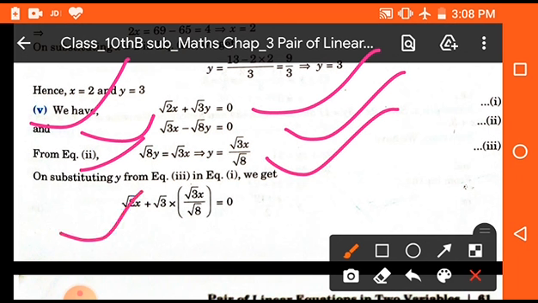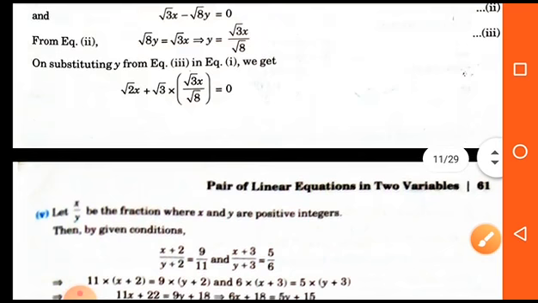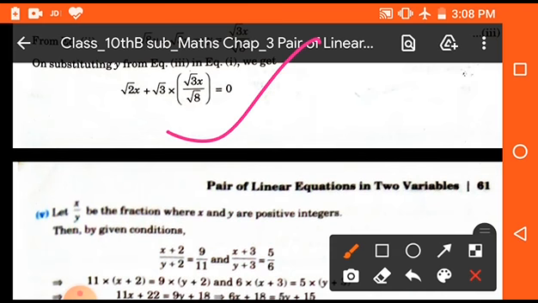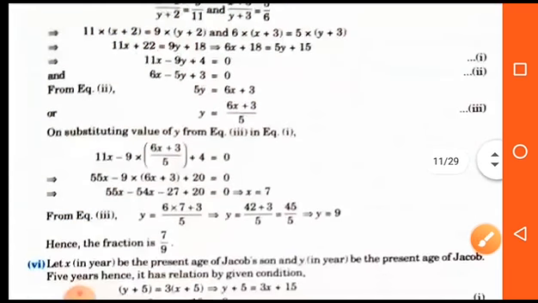Now put this value in equation number 1. We get the required value of x, and it will be 0. So y is also 0. So by the substitution method, we can find the value of any variable from any equation in terms of the second variable and put it into the other equation, and we get the values of both variables. Clear?